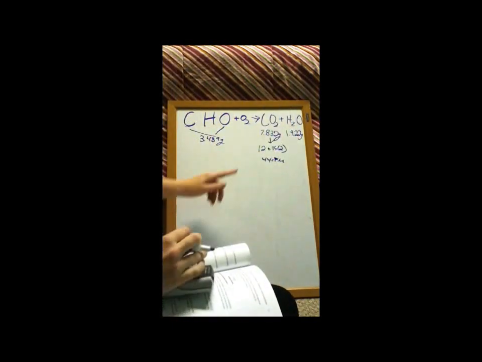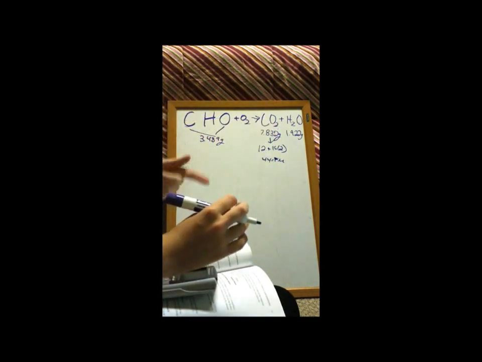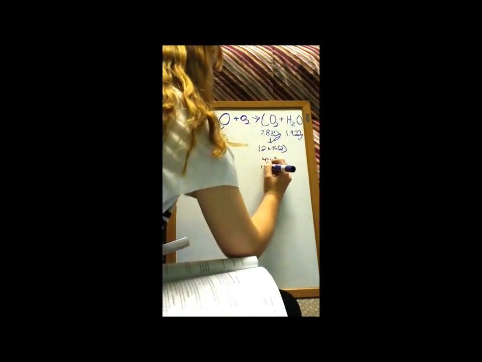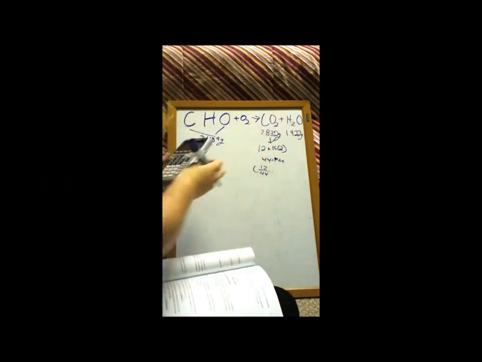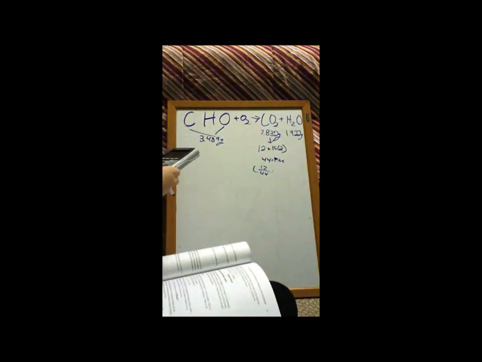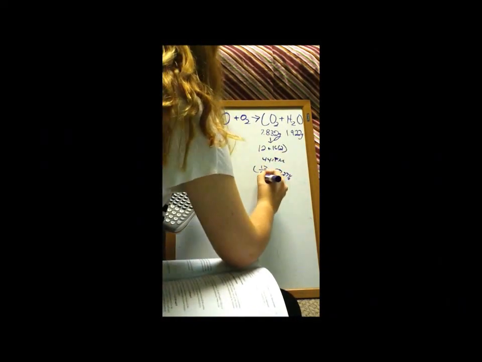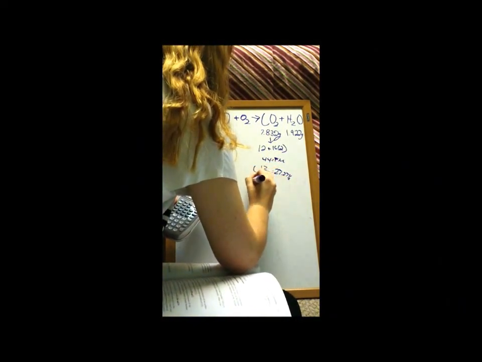So now we want to find the percent of carbon and the percent of oxygen, then we're going to change it back to grams. So carbon is 12 over 44, which is 27.27%. And then oxygen will be 32 over 44.